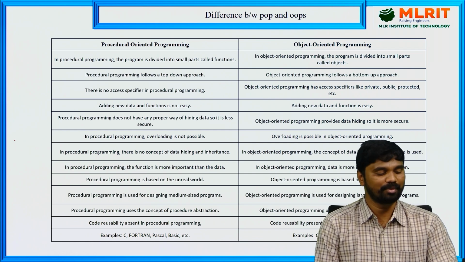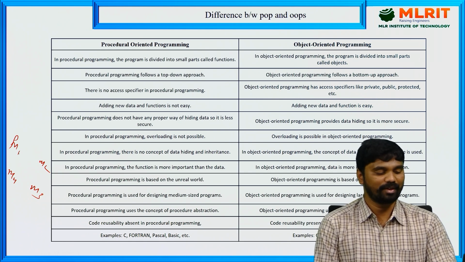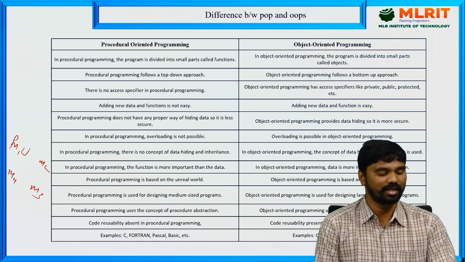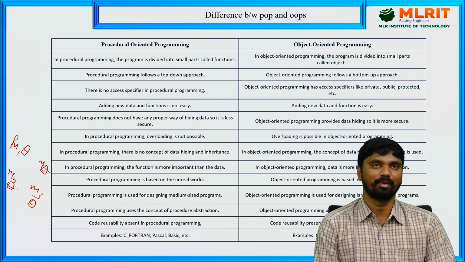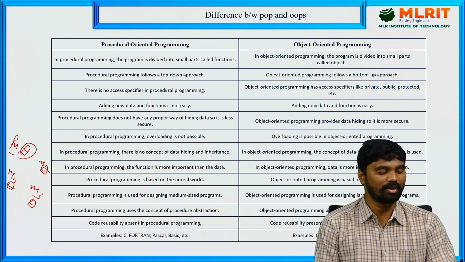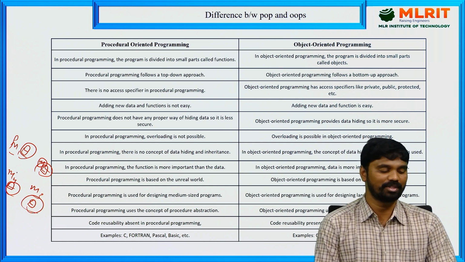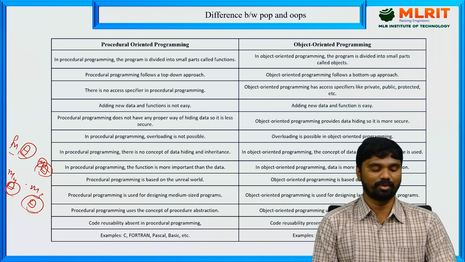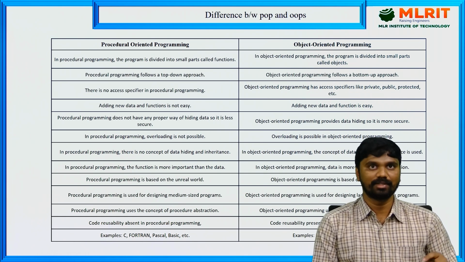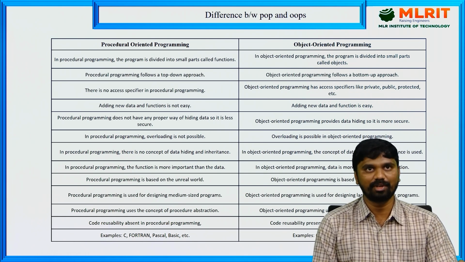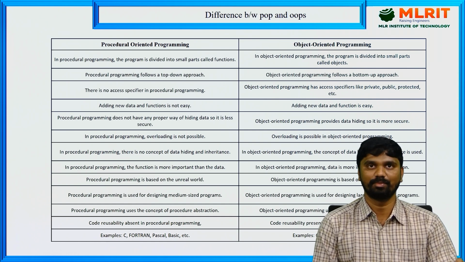For example, this is M1 method, M2 method, M3 method and M4 method, right? For each and every method we can consider one individual memory. That means the M1 method is one object, the M2 method is another object, the M3 method one object, the M4 method one object. So individual objects will be there in object oriented programming language. That's why in object oriented programming language security of the data is greater.